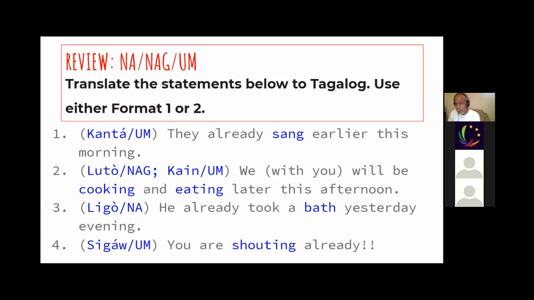Take note of that. Because that is like, naliligo sila. That means they're taking a bath, right? But if you go up at the end, naliligo sila, that becomes a question. They are taking a bath, right?